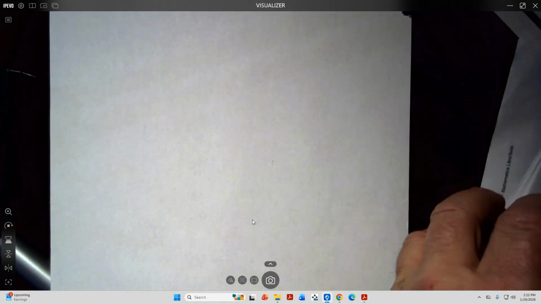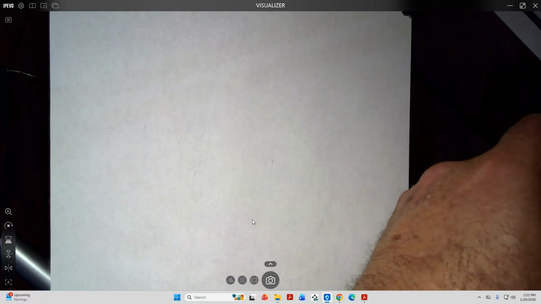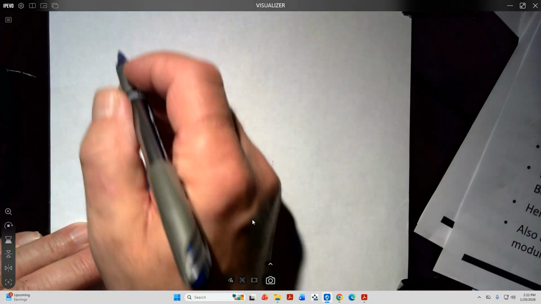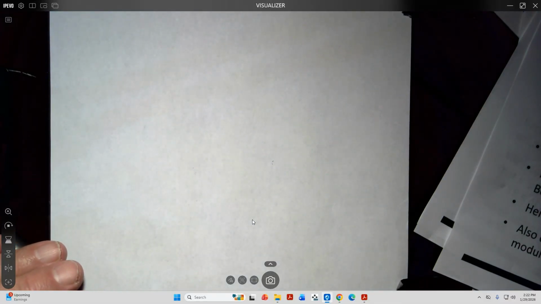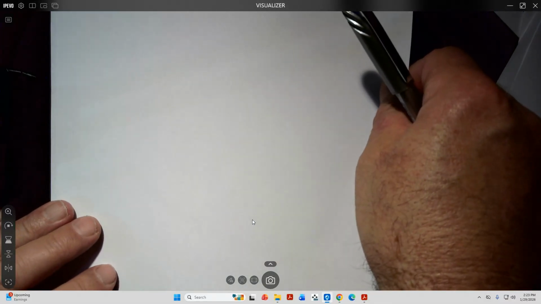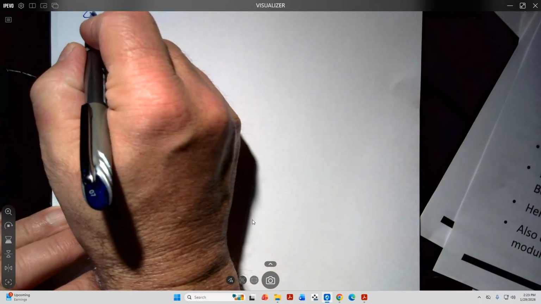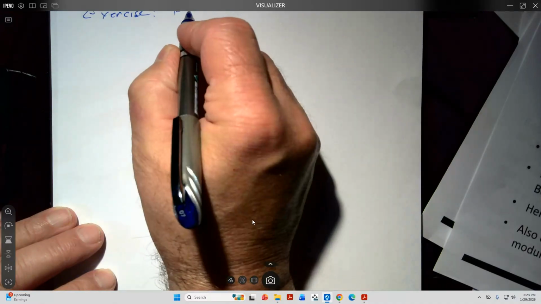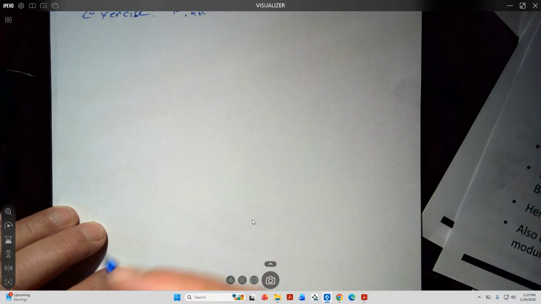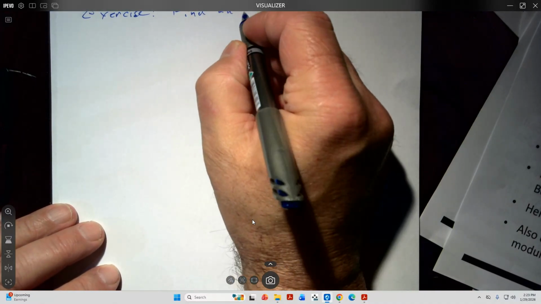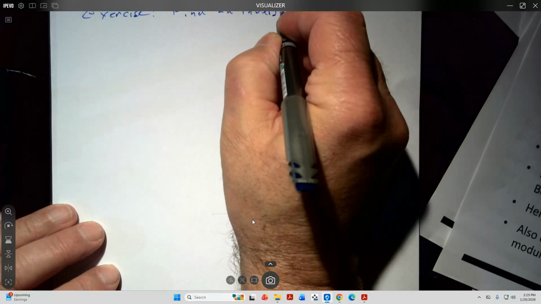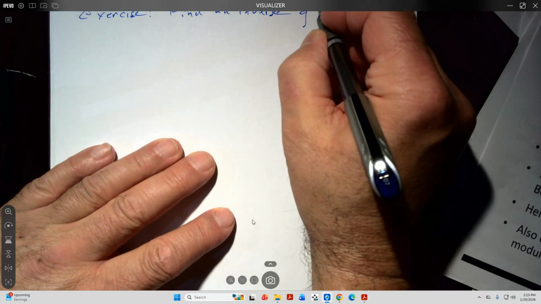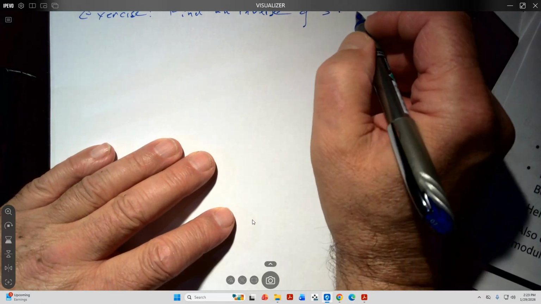So we want to find an inverse. Exercise: find an inverse of 3 modulo 7.